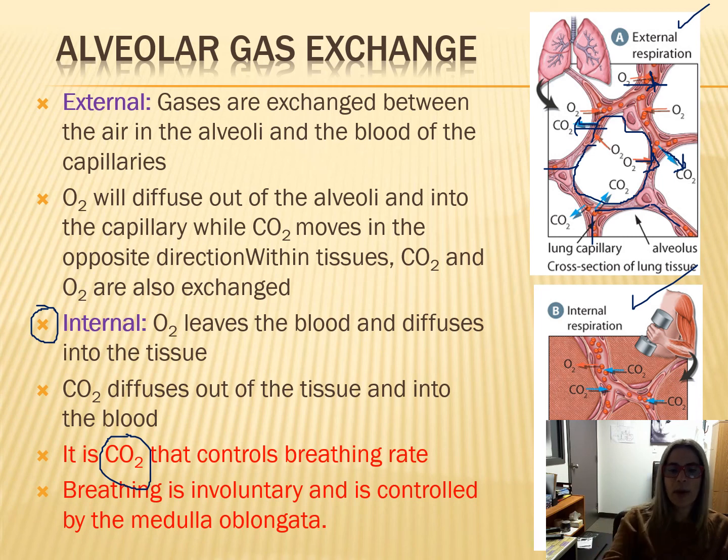And remember, the whole point is because the faster you breathe, the more CO2 you get rid of when you exhale, and the more oxygen you take in when you inhale. So the takeaway there is it's actually carbon dioxide levels in your blood that control your ventilation rate, not oxygen levels, okay? So the chemoreceptors that you have in your aorta, for example, and in your medulla, they are sensitive to CO2 levels, not to oxygen levels.